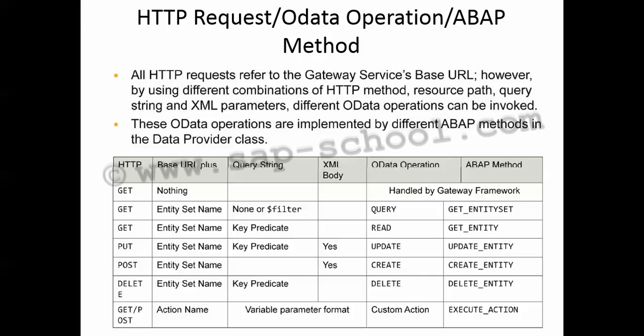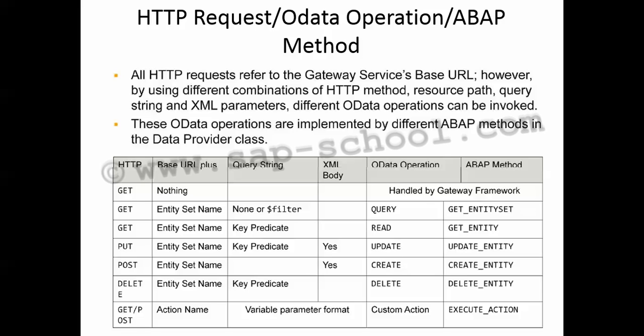These OData operations are implemented by different ABAP methods in the data provider class. We have seen the data provider class when we created the project and the data model. In the data model, we can see the data provider class as well.